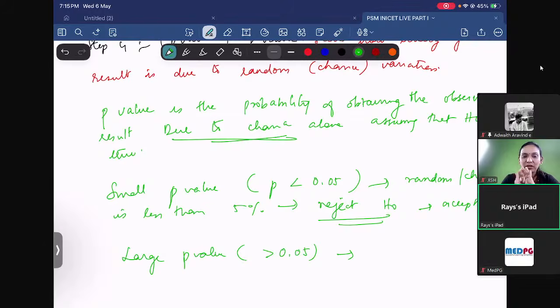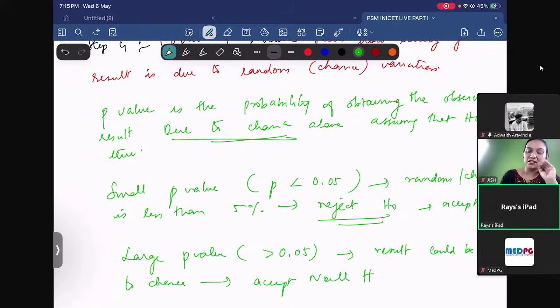That value you cannot change. So p less than 0.05 is statistically significant. If it is more than 0.05, that means more than 5% of the result could be easily due to chance, and that means there is not much effect. So in that case, you accept the null hypothesis and you reject the alternate hypothesis.